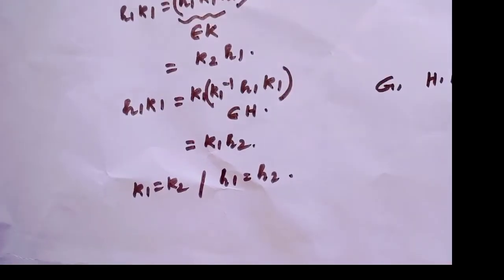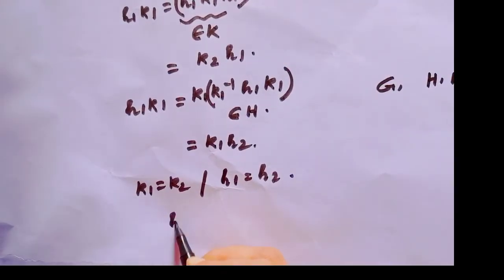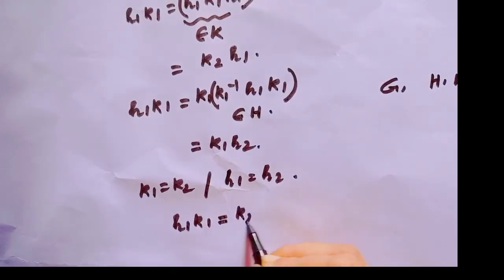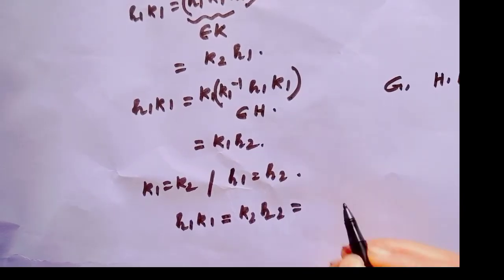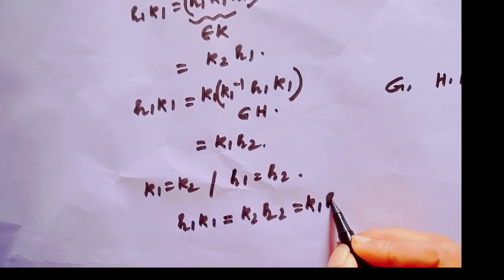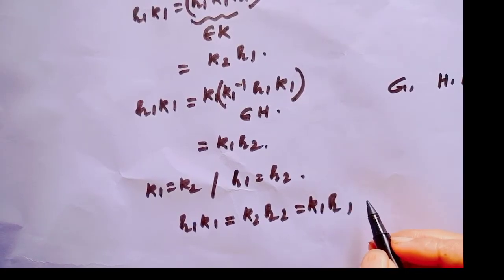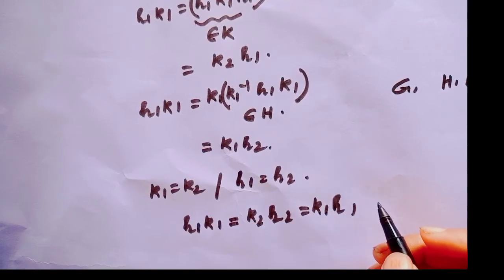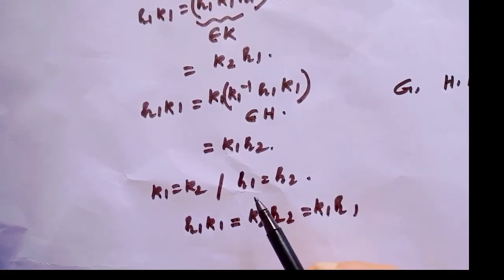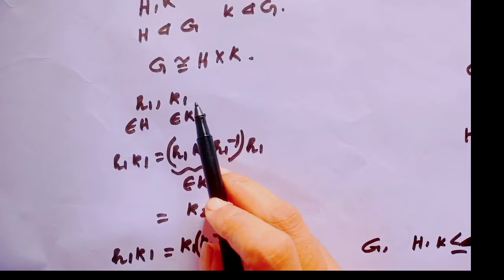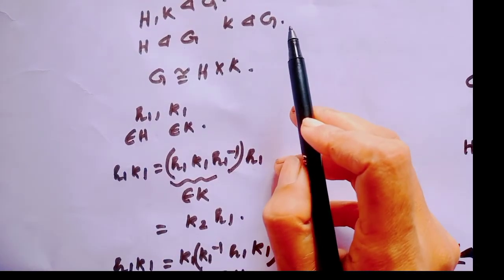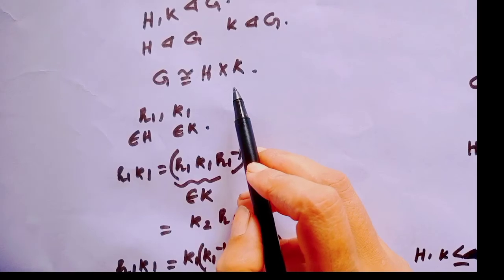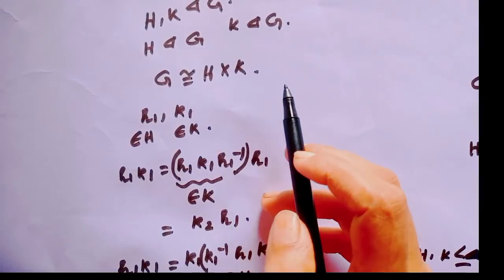So h1 k1 equal to k2 h2, which is also equal to k1 h1. That means since h and k are arbitrary elements, every element of capital H commutes with every element of capital K. So G is isomorphic to H internal direct product K.